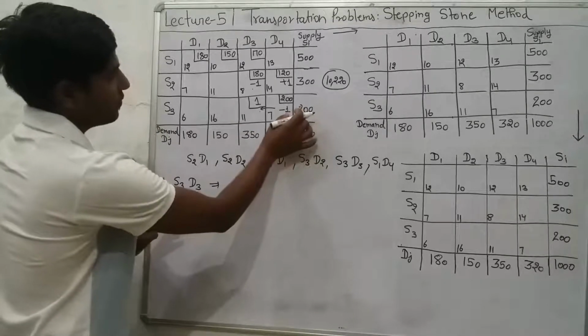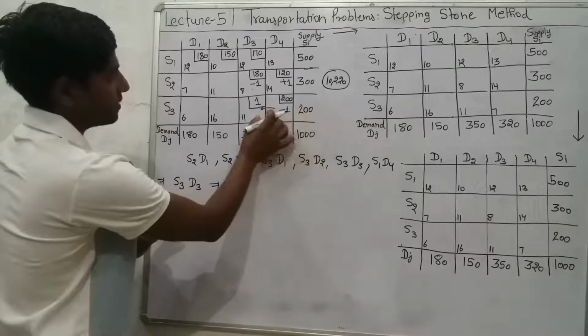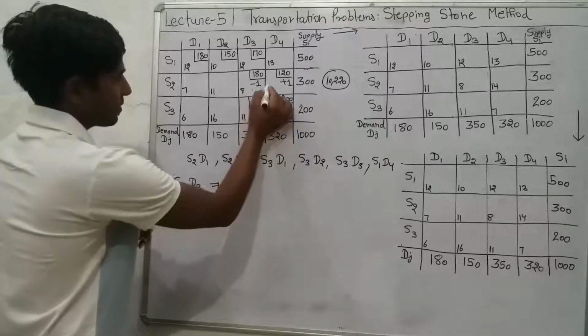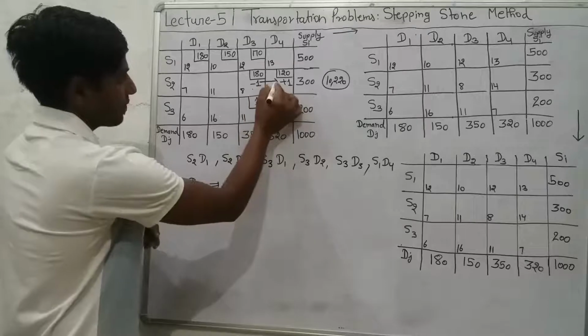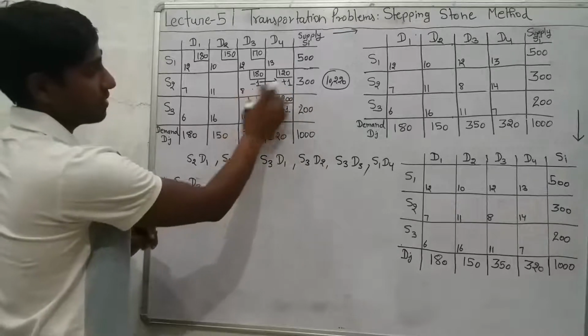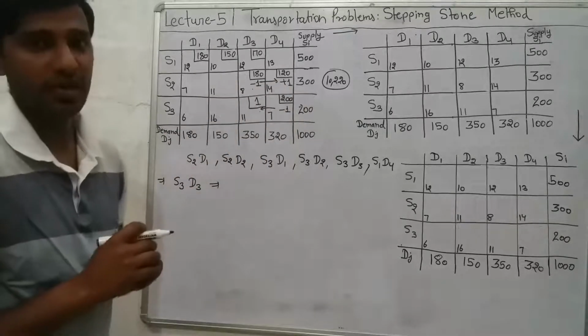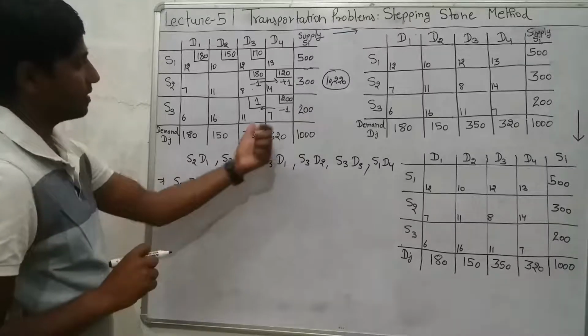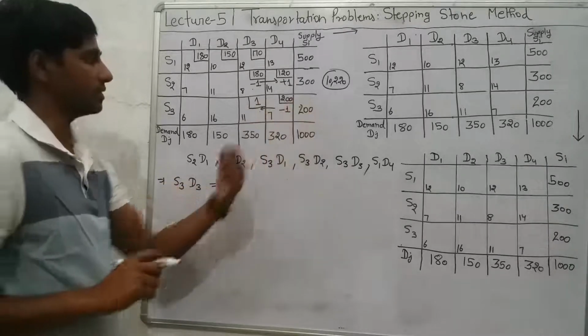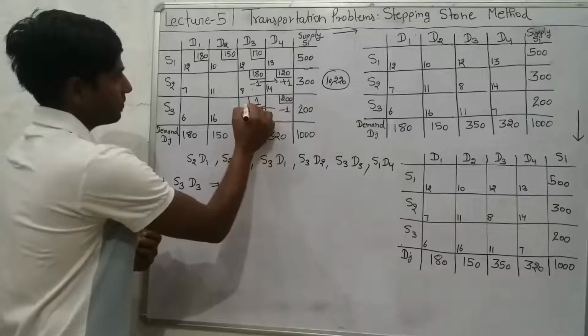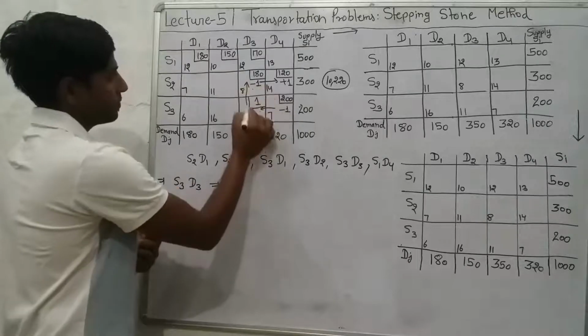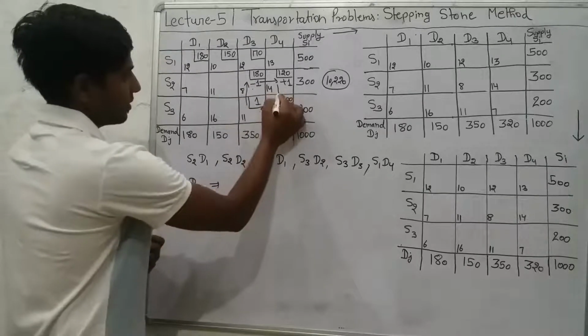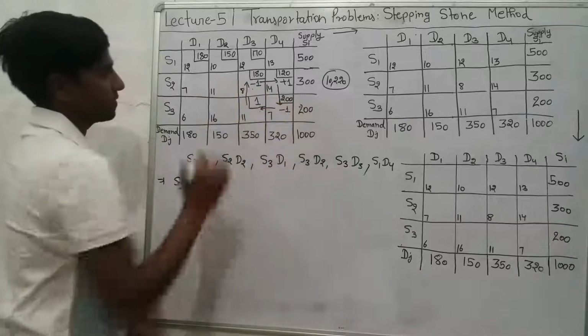We moved one unit to this cell, then from this cell we took away one unit to this cell to balance it out. So you can trace the movement of the units. Then we moved from this cell to this cell, and again from this to this.